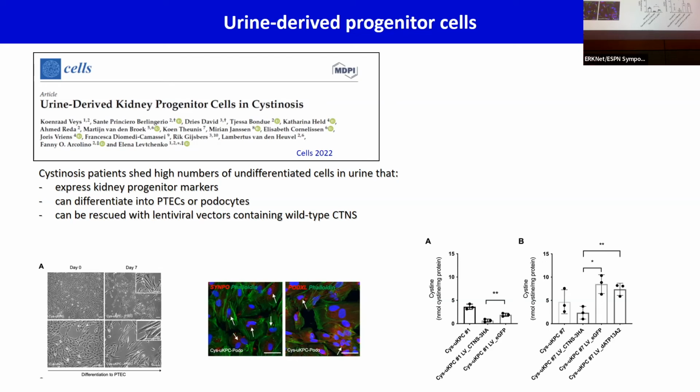And they could be rescued with a lentiviral vector strategy. So these cells potentially can now serve to be re-injected in these kidneys and in part to repair damaged kidney.